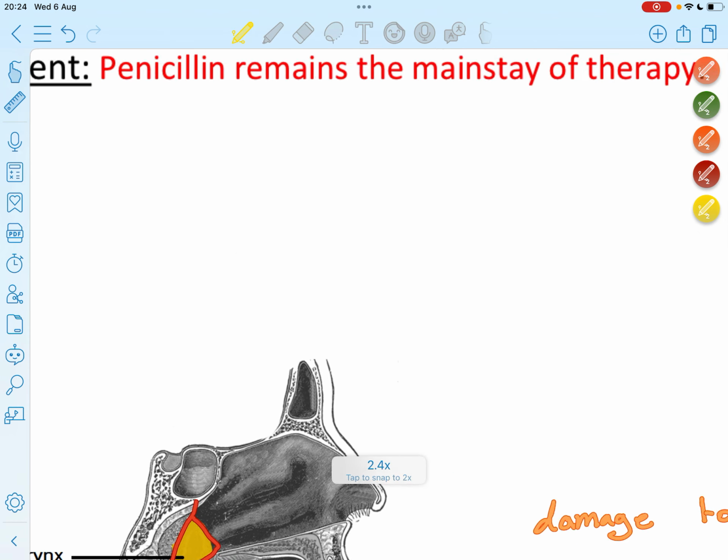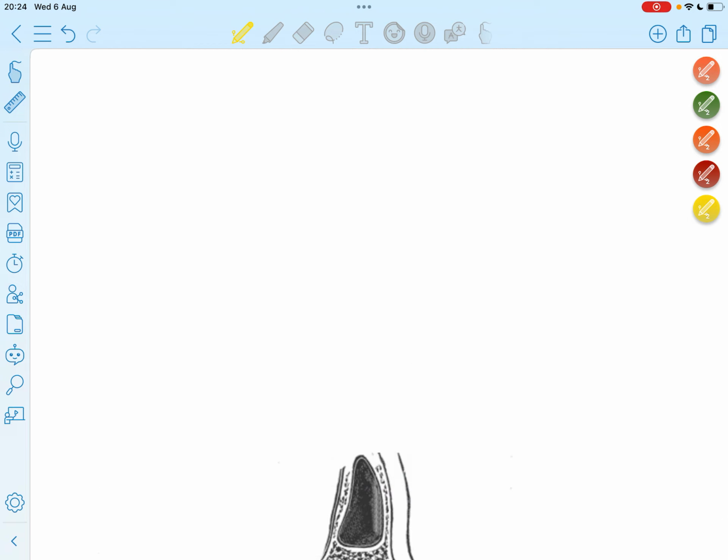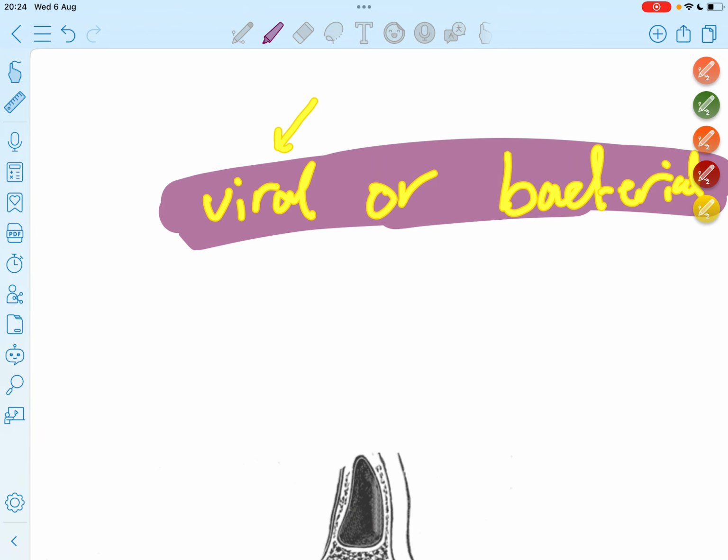How do we diagnose it, or how do we know whether this pharyngitis is caused by a virus or bacteria?